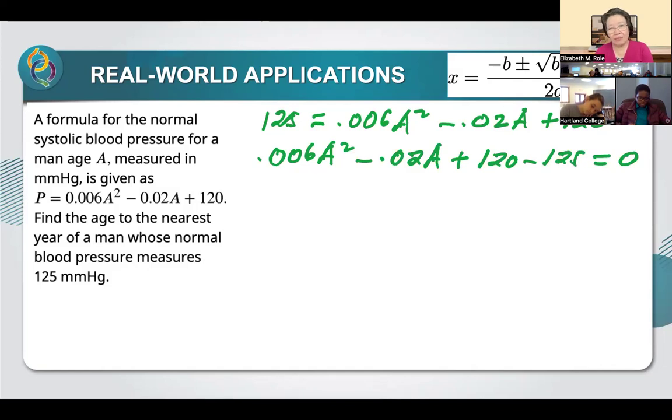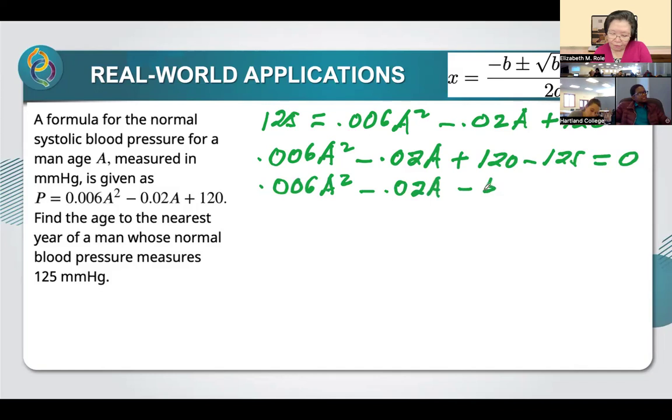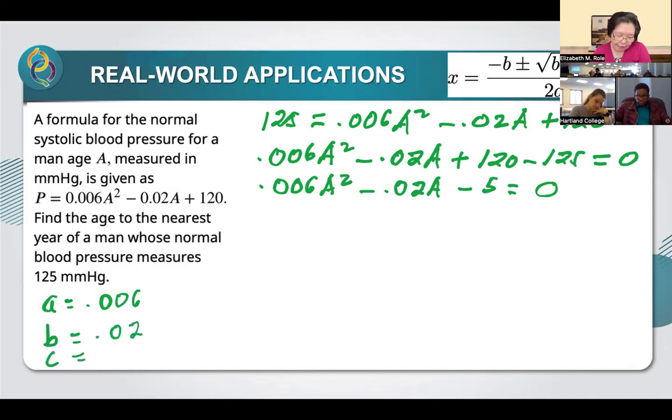So it becomes ax squared plus bx plus c. Our final quadratic equation will now be 0.006 A squared minus 0.02 A minus 5 is equal to 0. From there, our a is 0.006, our b is negative 0.02, and our c is negative 5.